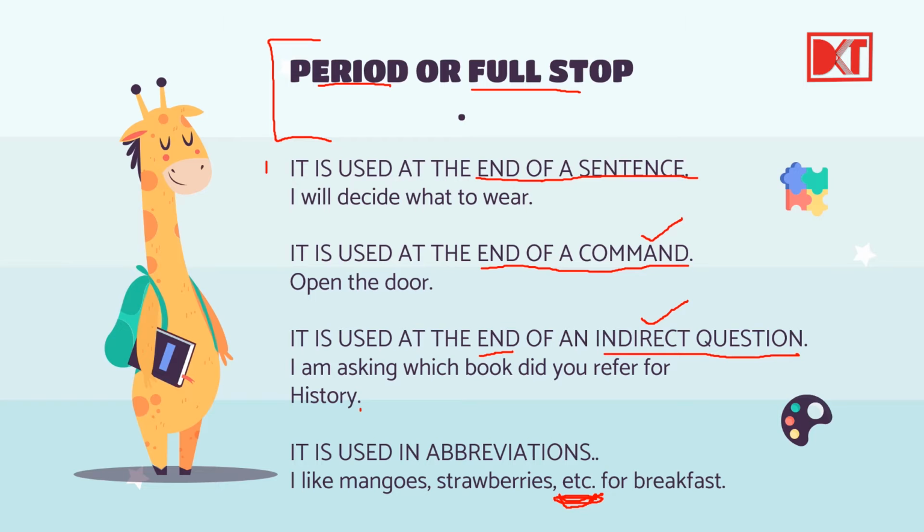At the end of a sentence, at the end of a command, like open the door. It is used at the end of an indirect question, like I'm asking which book you referred for history. And it is used in abbreviations like I like mangoes, strawberries, etc. for breakfast. Alright, let's move on to the next punctuation.